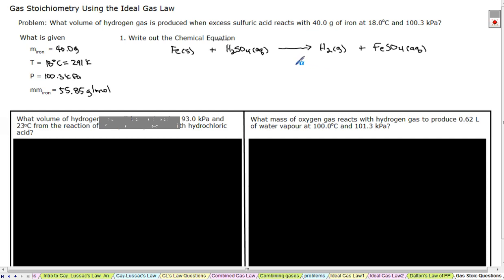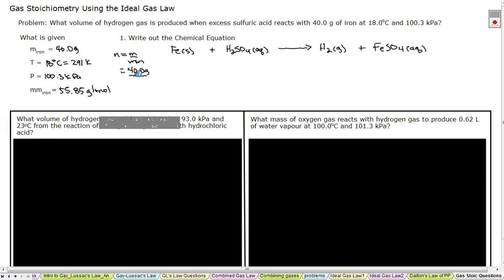So again, with these questions, we do the stoichiometry. We write out the chemical equation. So we need to determine the moles of iron. So n equals m over MM, mass over molar mass. We know our mass is 40 grams.